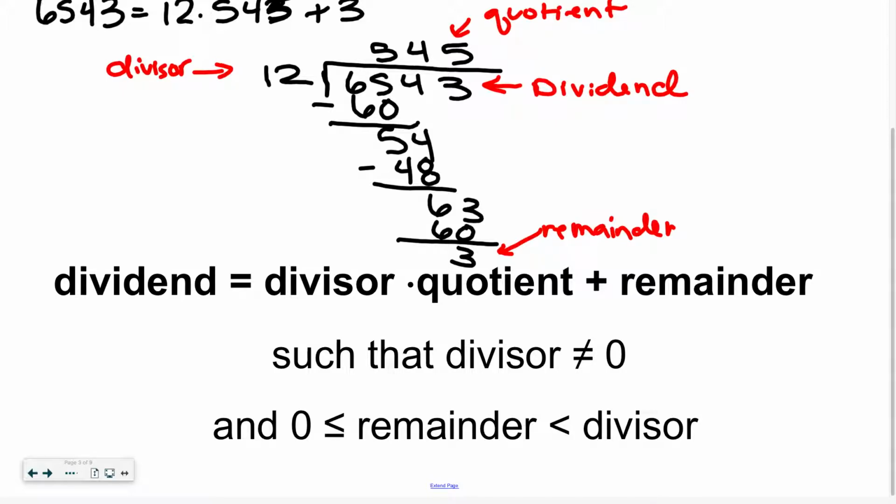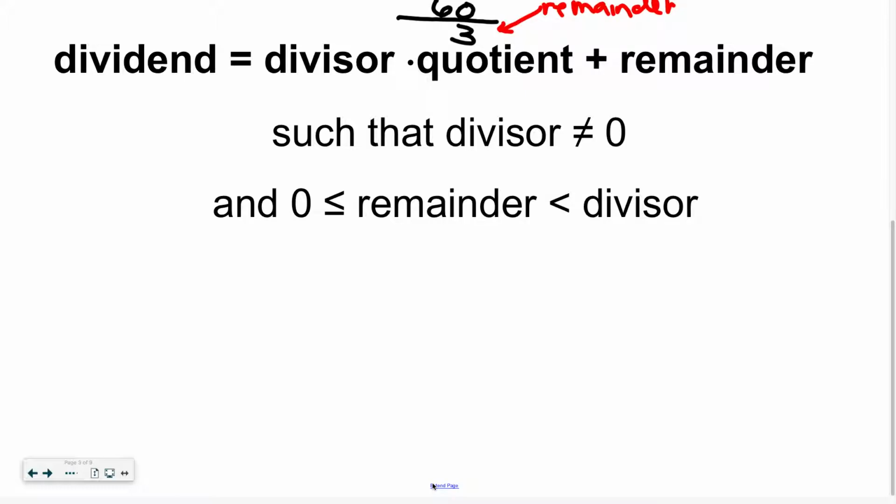And on a side note, I think we mentioned this yesterday, we would all agree that your remainder is always a positive number, so it's bigger than 0. It could be equal to 0, right? You can have 0 remainder. But at the same time, your remainder has to be less than your divisor. Like if I had a remainder of 13, that could mean that I could have put 12 in one more time and had a remainder of 1.